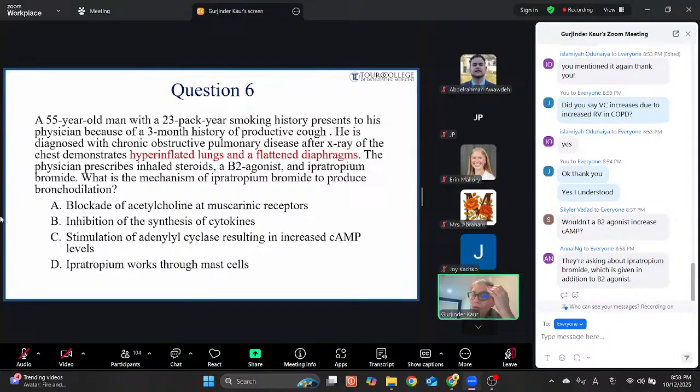It's talking about all the mechanisms. If you are bringing the cytokines down, you are talking about the steroids. Ipratropium doesn't work through mast cells, so that is out, but the other three are giving you the mechanisms. Has everyone understood?